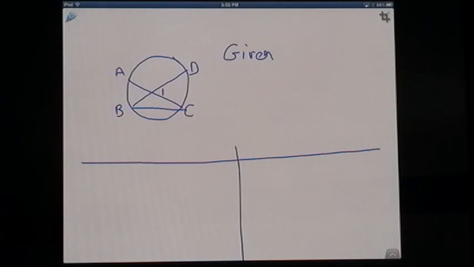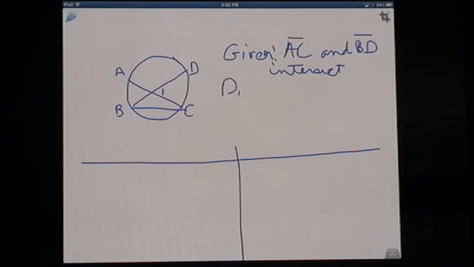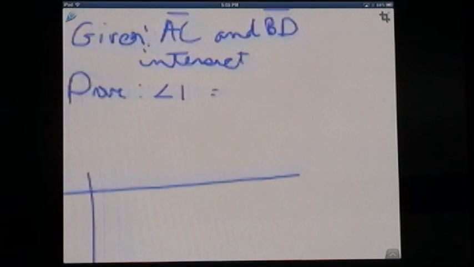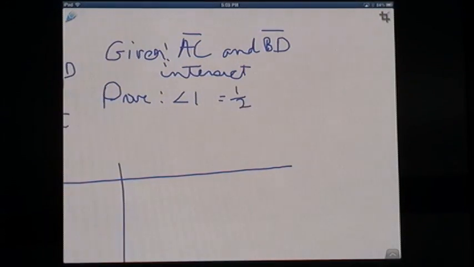AC and BD intersect. And what you're supposed to prove is that angle 1 is equal to 1/2 the measure of DC plus the measure of AB.